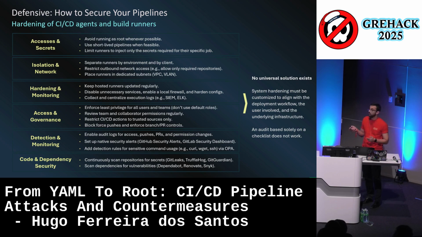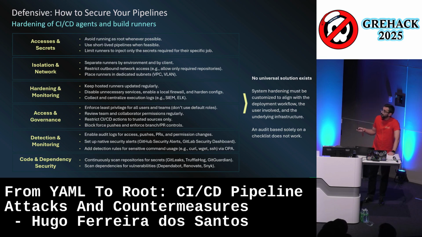And one good thing is to use short-lived pipelines, so pipelines that run on Docker like this. Even if someone is able to access it, it will be destroyed after a short time. Also, in terms of audits, if an auditor comes to you and says, okay, I will audit your pipeline, and they have checklists, that's not a good auditor, because again, you cannot put all of them inside your pipeline.